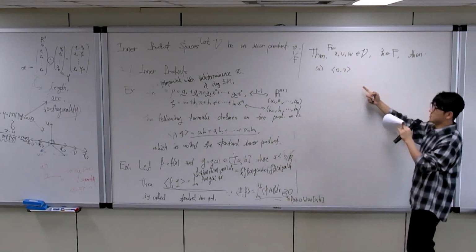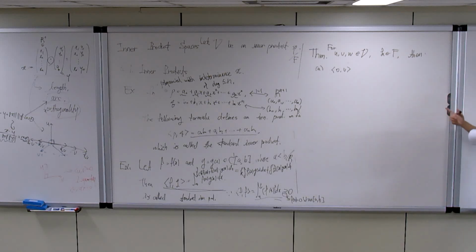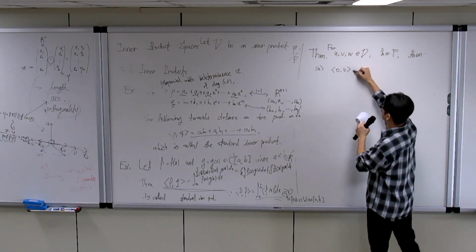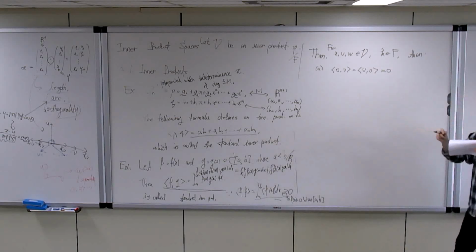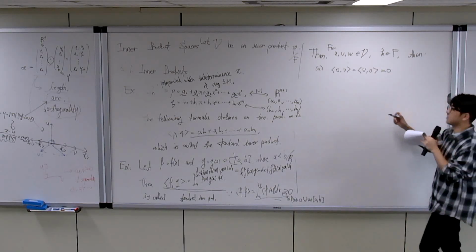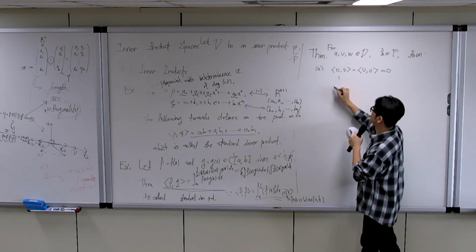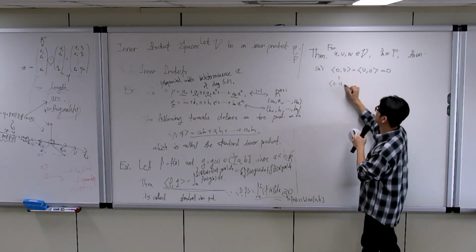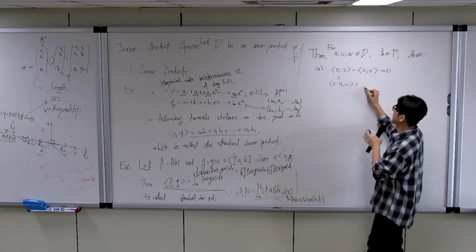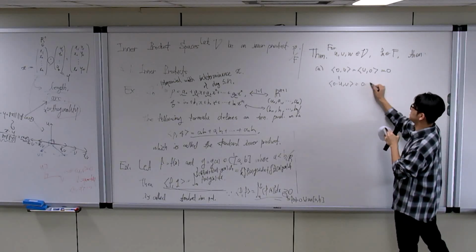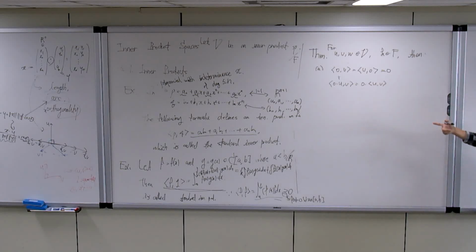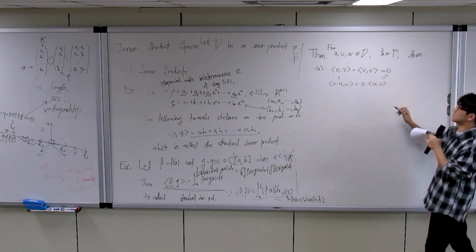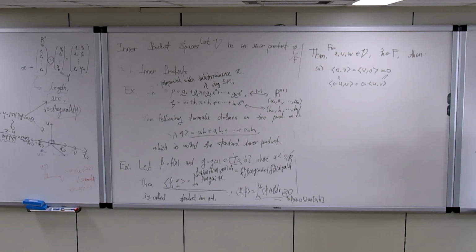If you take the inner product with 0, then the value should be 0, because you consider linearity. It is the same as 0 times u, v, and the linearity will give 0 times (u, v), and multiplying by 0 is always 0. You can consider it like that.